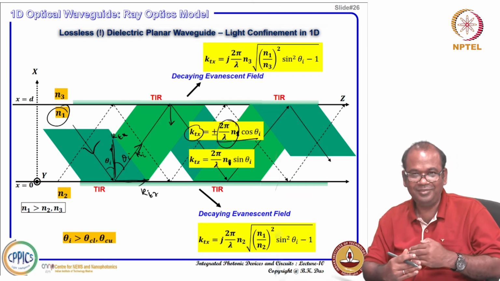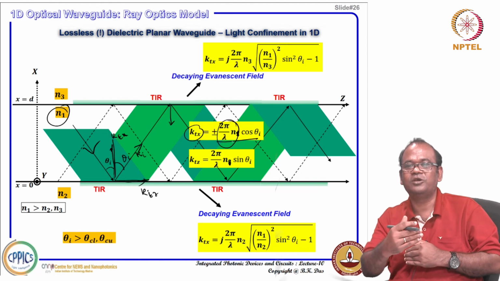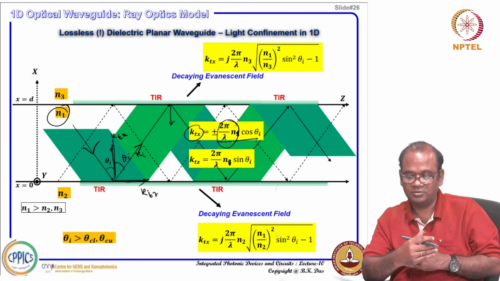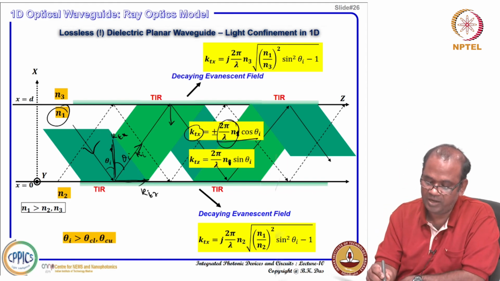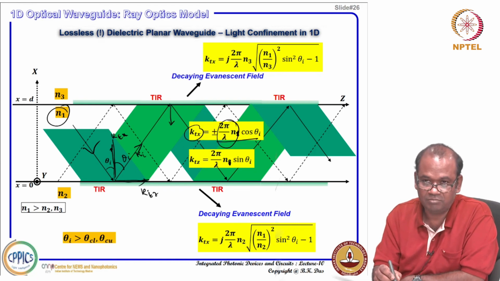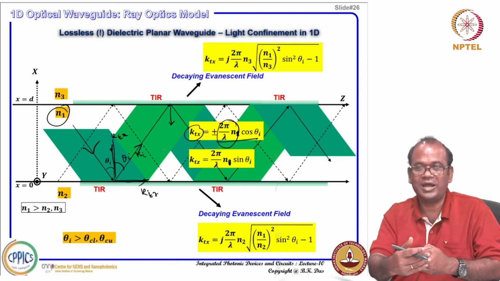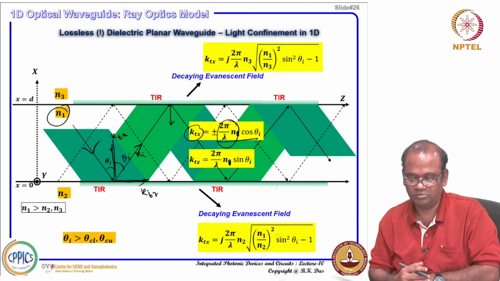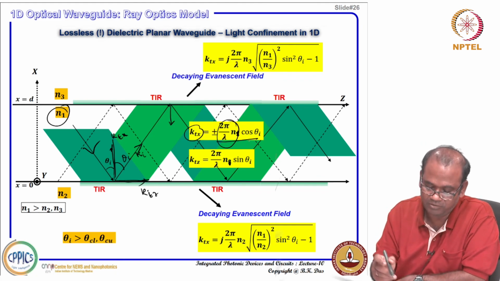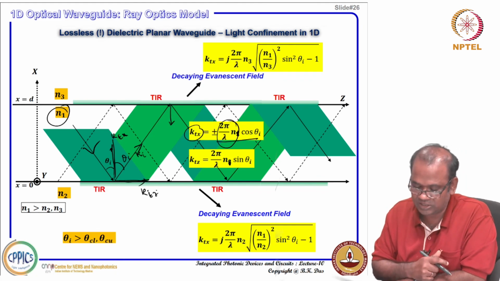That means in the x direction you can have a standing wave because of the KTX component, and KTX will be 2 pi by lambda N1, which is obviously real, not imaginary. So, that wave will be there, but it is counter-propagating and will create some kind of standing wave, which is actually called a mode. Depending on the theta I value, certain theta I will be allowed, and I will be discussing that.